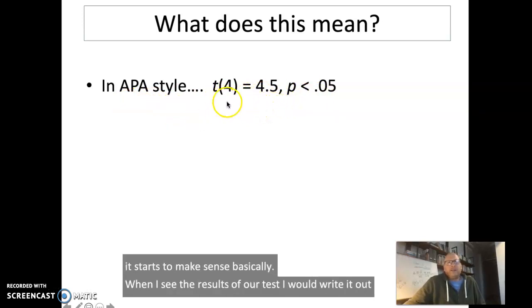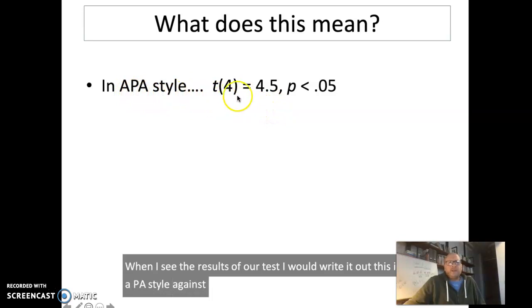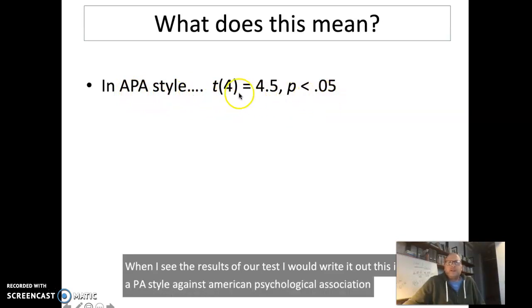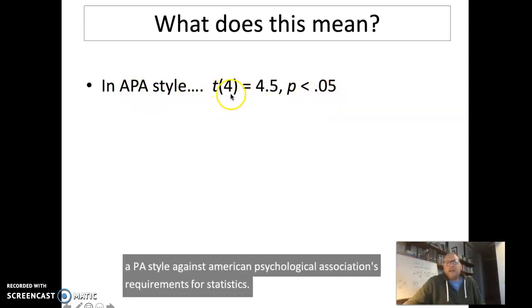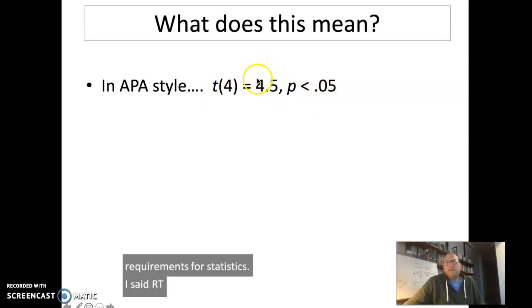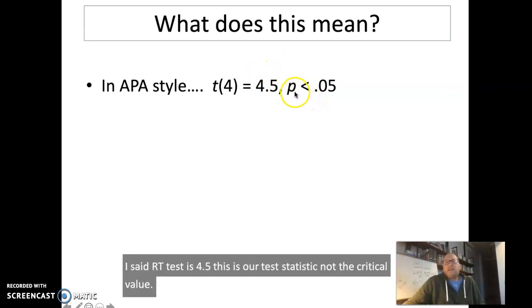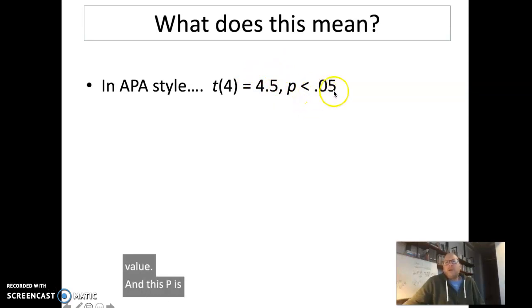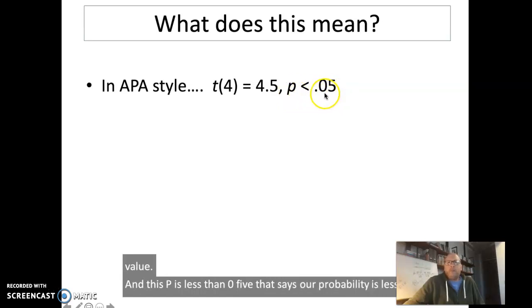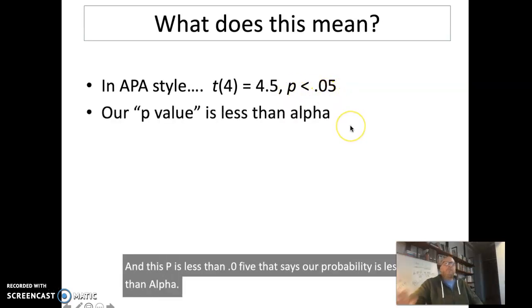In APA style, again, this is the American Psychological Association's requirements for statistics. I see that our t-test is 4.5. This is our test statistic, not the critical value. And this p is less than 0.05. That says our probability is less than alpha. All right, so what does that mean?